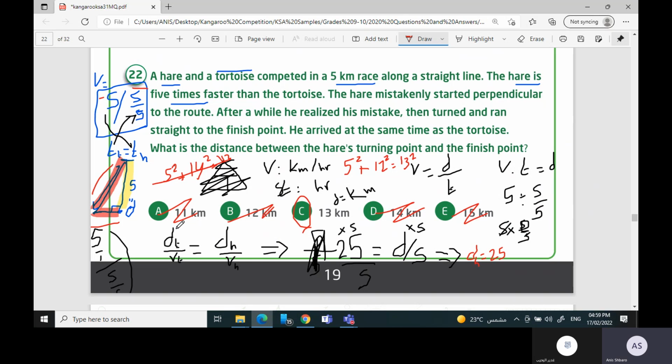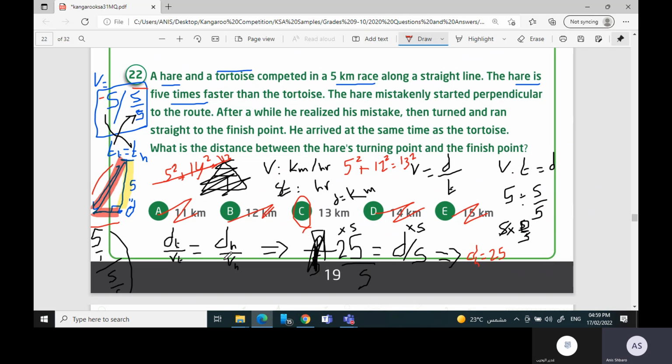So simply, the distance of the tortoise is equal to what? We have it as a given, so it's equal to 5. It covered 5 only. And the distance of the hare, we don't know yet.